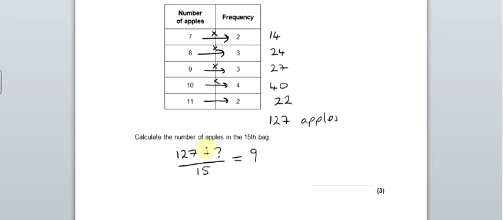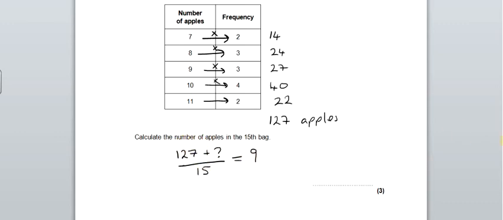Let me just explain why I wrote the question mark. In 14 of the bags there's 127, and then there's some apples in the 15th bag. That's what we're trying to work out. And we know that to work out the mean, they would have added up all the apples in all of the bags and divided by 15. And we know the mean's 9.